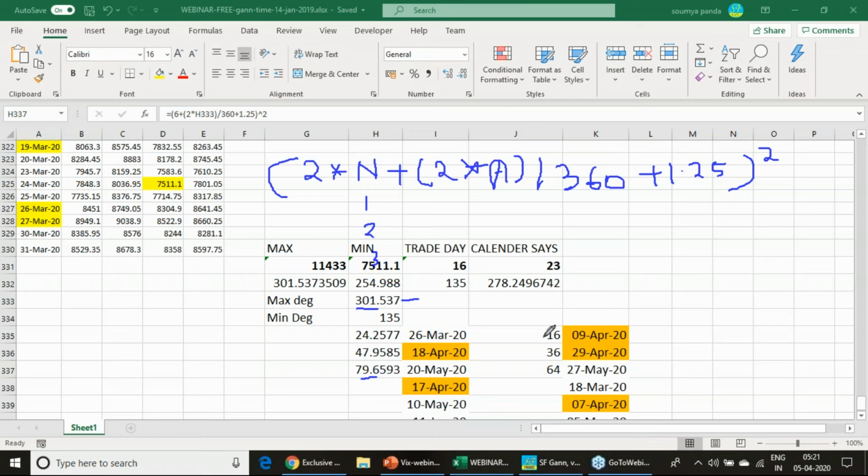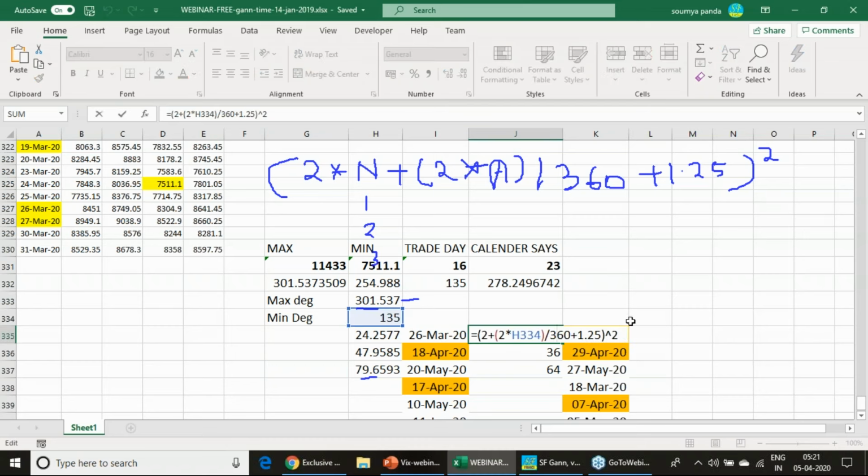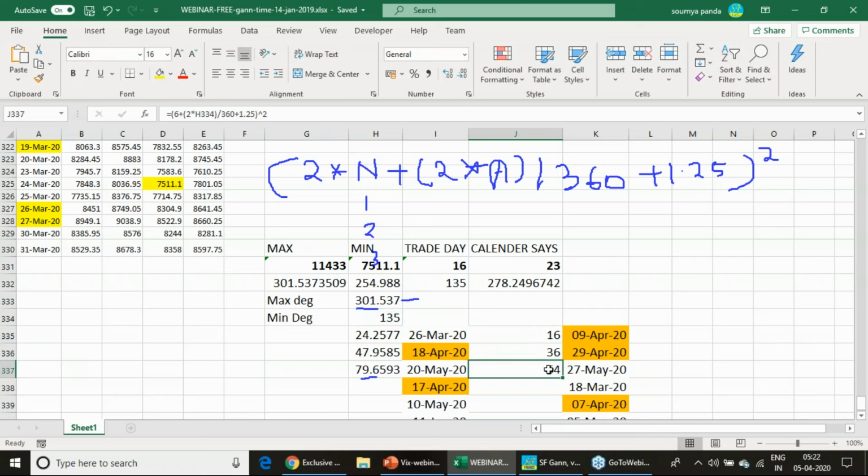Same way, we need to find out three numbers in the 135-degree trend line. For that, the same process we followed: 2 into 1, which is 2, so we got the first number, and 135 degrees is placed. First number as 16, second number we got as 36, third number we got as 64.